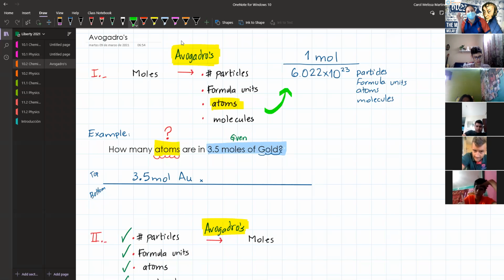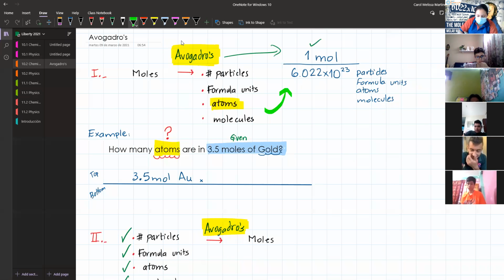So every time you see atoms, formula units, molecules, or particles, this is the conversion factor that you are always going to use. And it's always in 1 mole of a substance, you're going to have this amount of particles, formula units, atoms, and molecules.